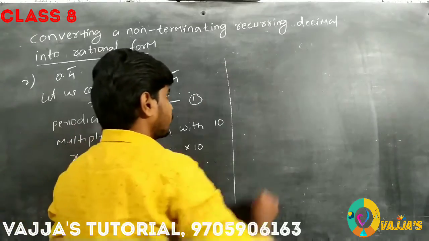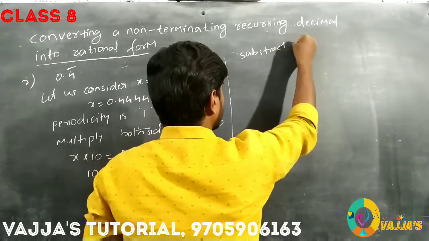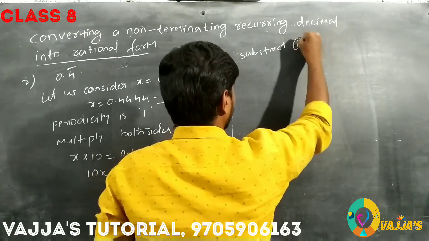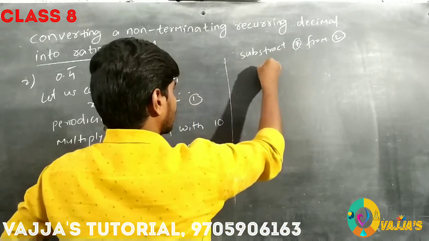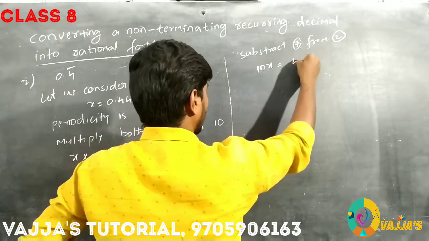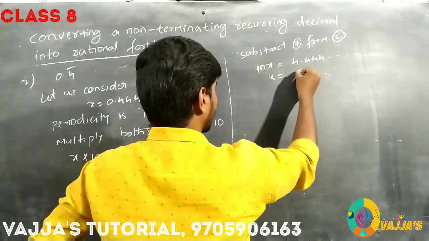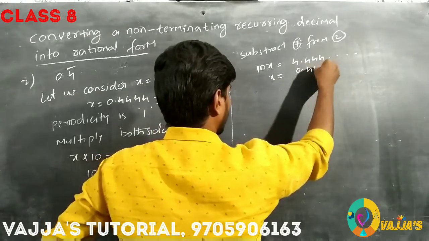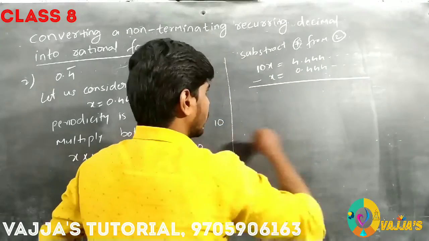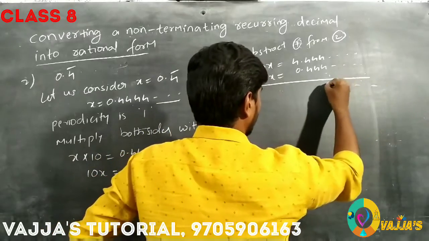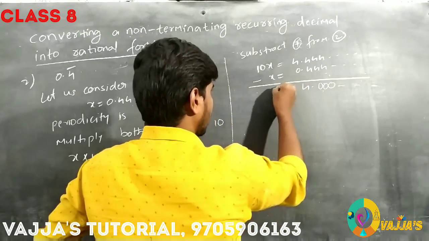Now subtract equation 1 from equation 2. So 10x is equal to 4.444, and so on, minus x is equal to 0.444, and so on. What becomes? 0, 0, 0, and here 9x.